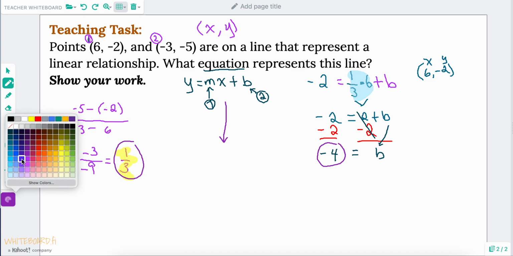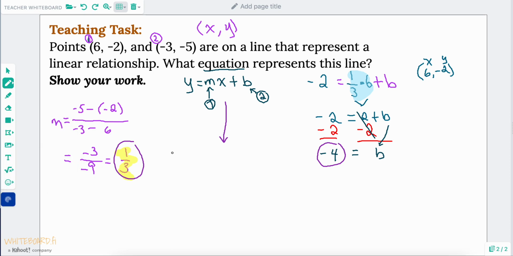I keep going back to that. All right, there you go. So it's going to be y equals, m, remember, is 1/3. So 1/3 x, and plus b, it would be plus -4. But we can write plus -4. I'll write it out for you.